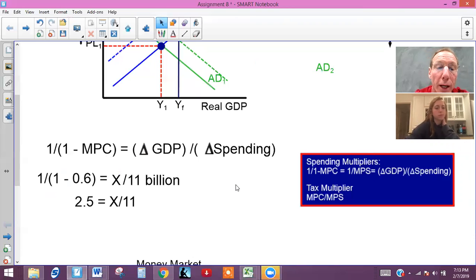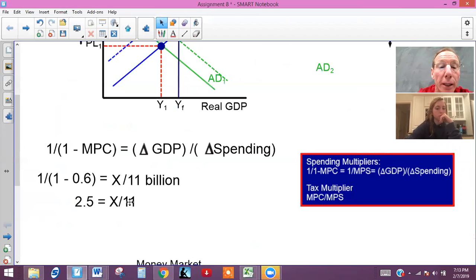Which makes sense. So let's say you are given in the problem that spending increases by 11 billion, and they're asking what the change in GDP would be. You'd simply plug into the formula, and 1 over 0.4 is 2.5.